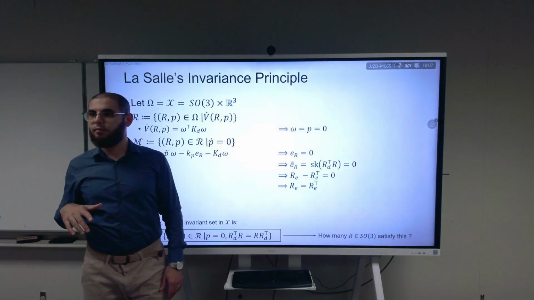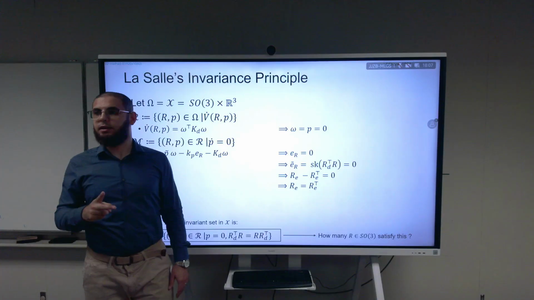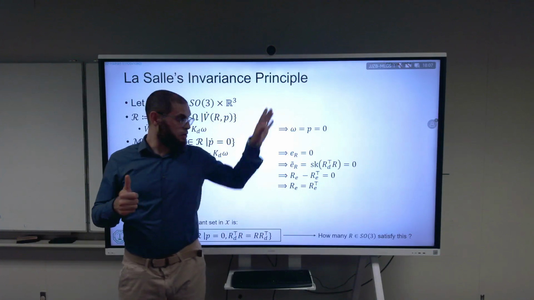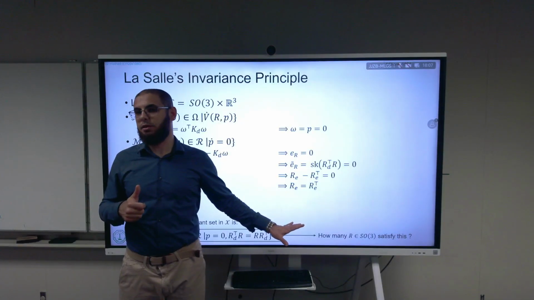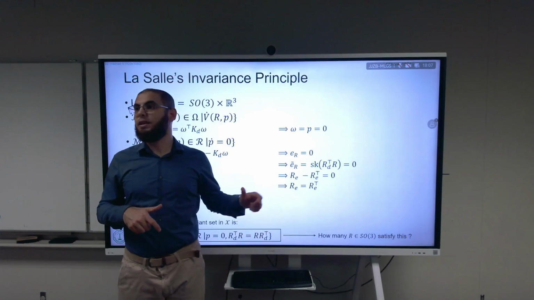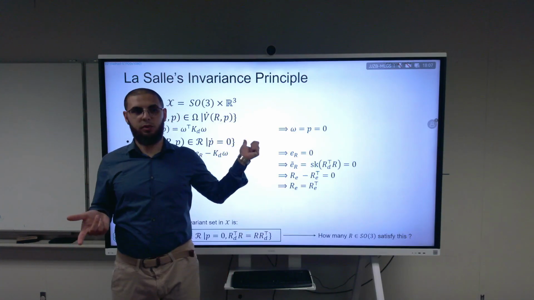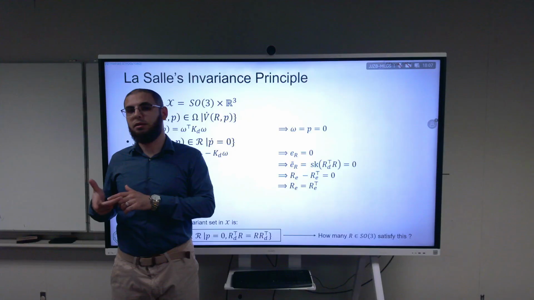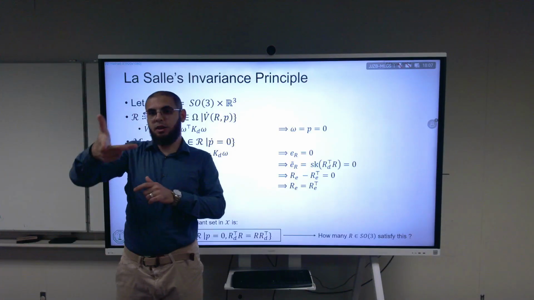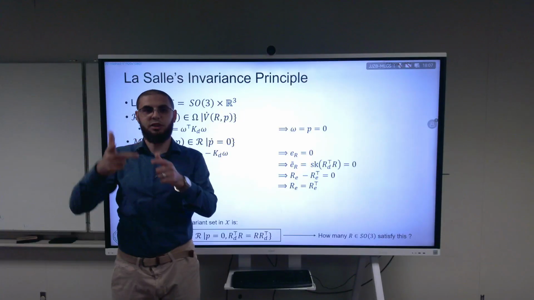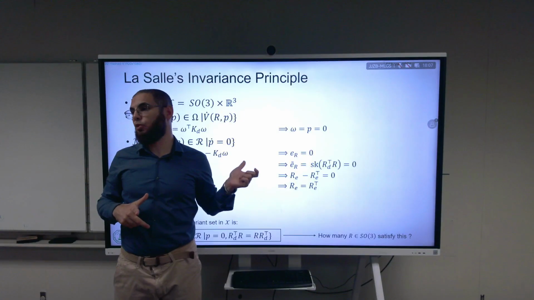Now 2 things. First of all, you're going to be implementing this in the assignment, inshallah. There will be a new assignment posted this week. It will be designing a stabilization controller for SO(3), implementing this, and then taking the simulation and playing around with it. Start the initial condition with 180 degrees of this rotation I just made, and check what will happen to the controller.